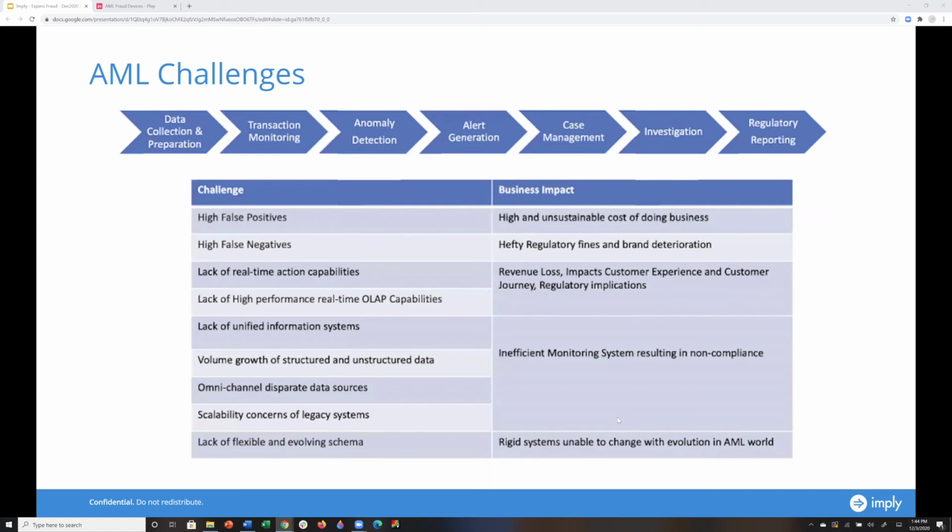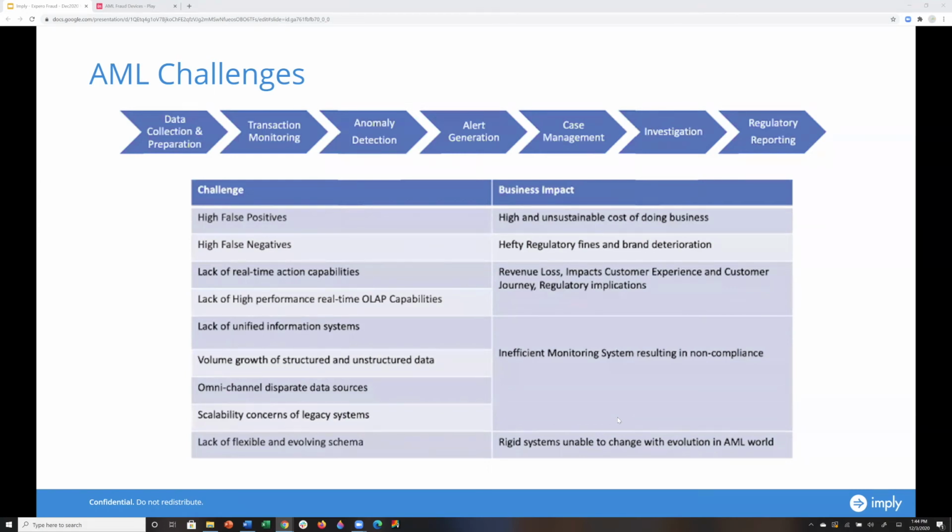And so without that capability, then eventually you are impacting the customer experience and also taking a hit on the revenue.